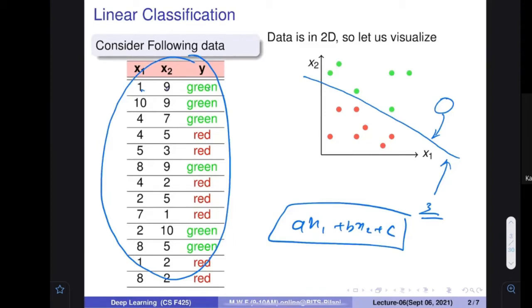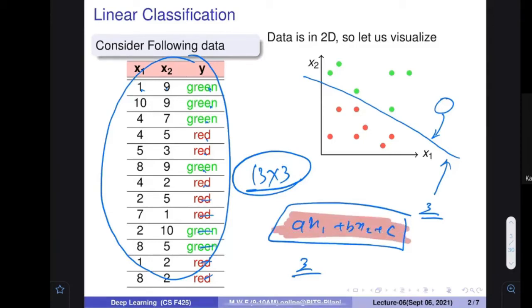Here the table has 13 rows, so 13 multiplied by 3 values you have to store in the database. And here only 3 values suffice. This is actually enough to represent your data, because if you bring any point, I would be able to tell the right classification of that. Then why do you need to keep this particular table?